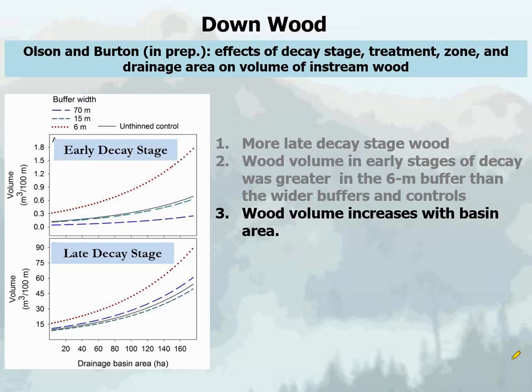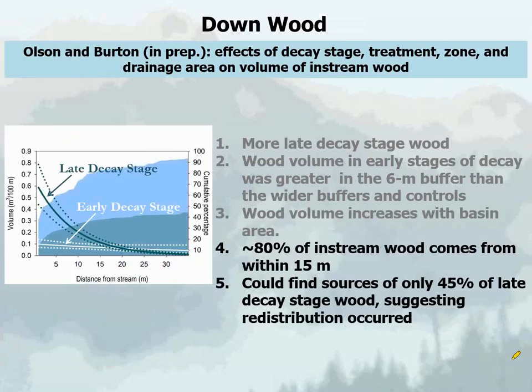Our wood volume is increasing with basin area, so there does seem to be some process going on with the drainage, the watershed. So wood is not just coming from near the stream, but within the entire basin. Most of the wood, however, is coming from within 15 meters of the stream.